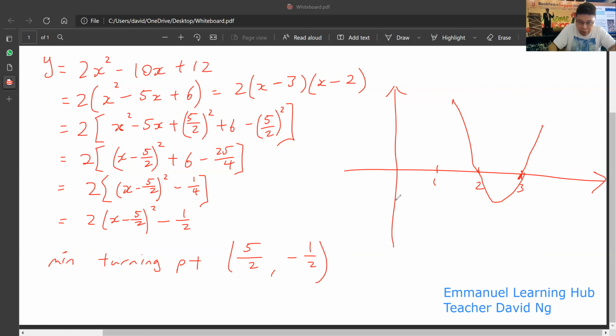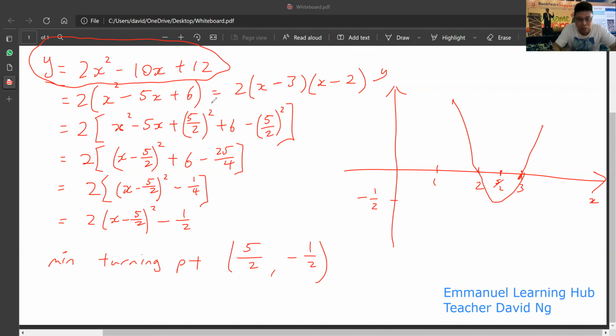Minus half, right? 5/2 is here. 2.5. 2.5 is 5/2. Okay, sketch already, because the question is asking you to sketch the graph. Sketch, not plot, sketch. The question is asking you to sketch this graph.